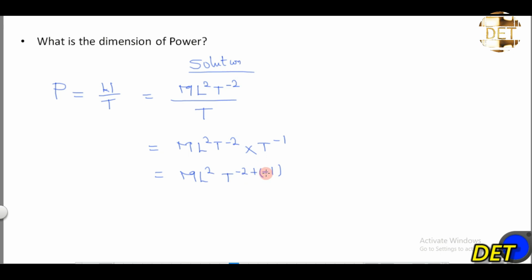So plus times minus will give you minus. So this will be ml squared t raised to the power of minus 2 minus 1, because plus times minus will give you minus. So this will be ml squared t raised to the power of minus 3. This is the dimension for power. It's very simple and straightforward.